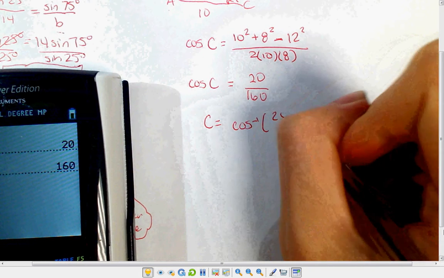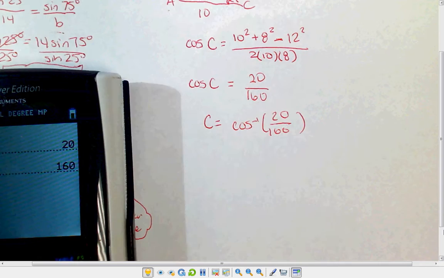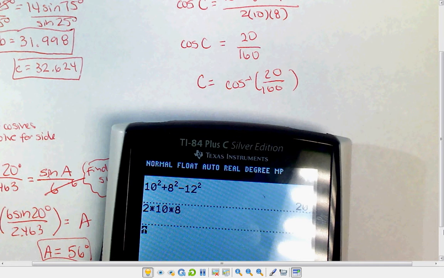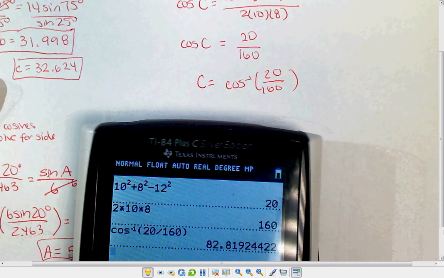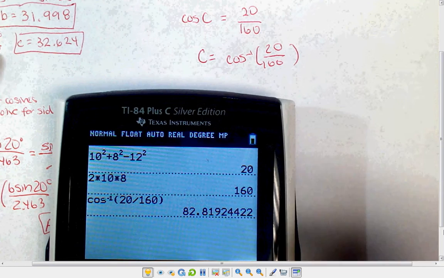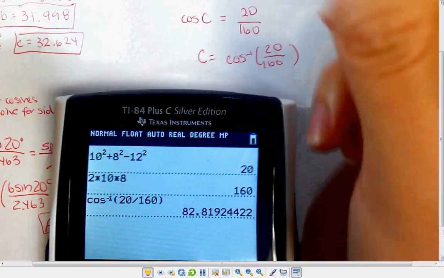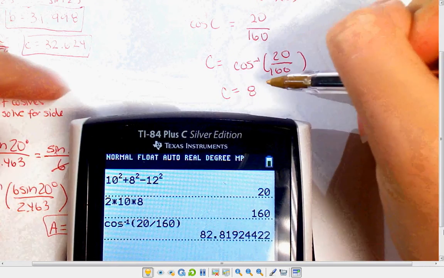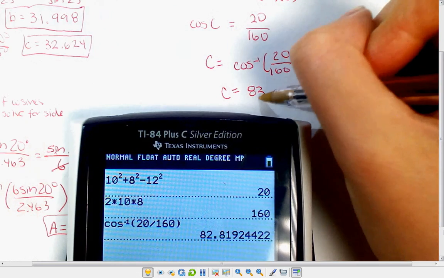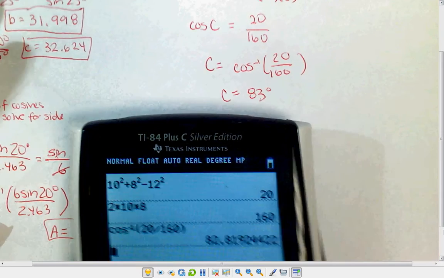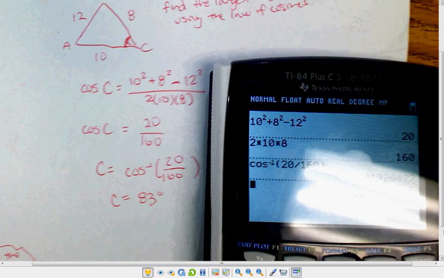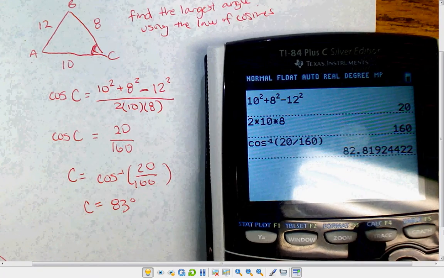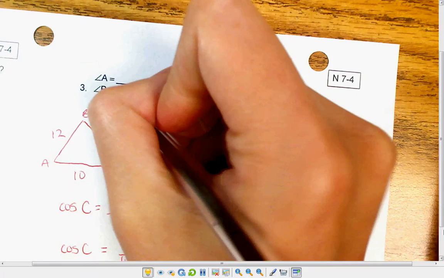So we're going to use inverse cosine, which is second cosine, 20 over 160, which gives us a value of 82.819, but because this is an angle, we're going to just keep it whole number, so it rounds up to an 83, and don't forget your degree sign for angles. So 83 degrees is angle C.